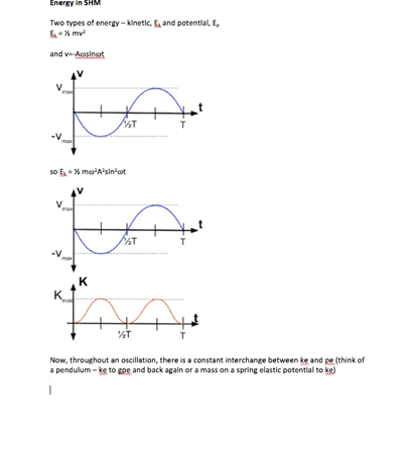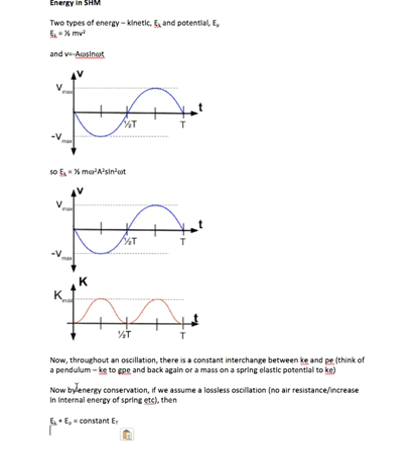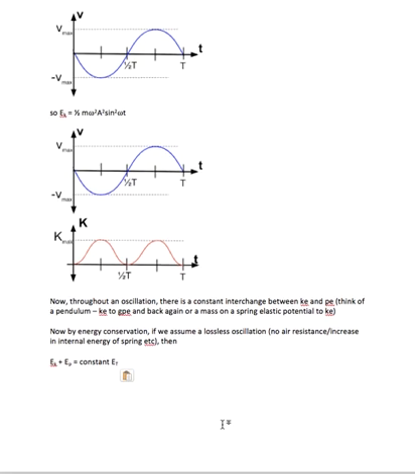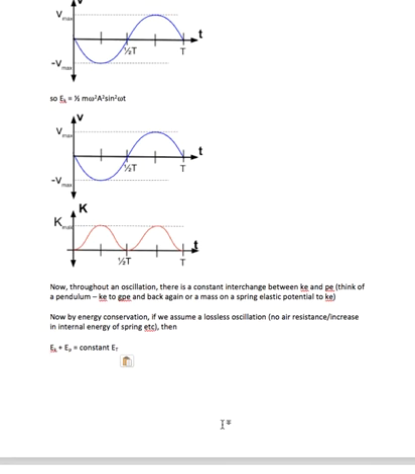So if we consider that there are no losses in this oscillating system, just to make life simple for us, by energy conservation then, the energy is constant. So the kinetic energy plus the potential energy at any given moment will give us a constant value, which I'm calling E subscript capital T.